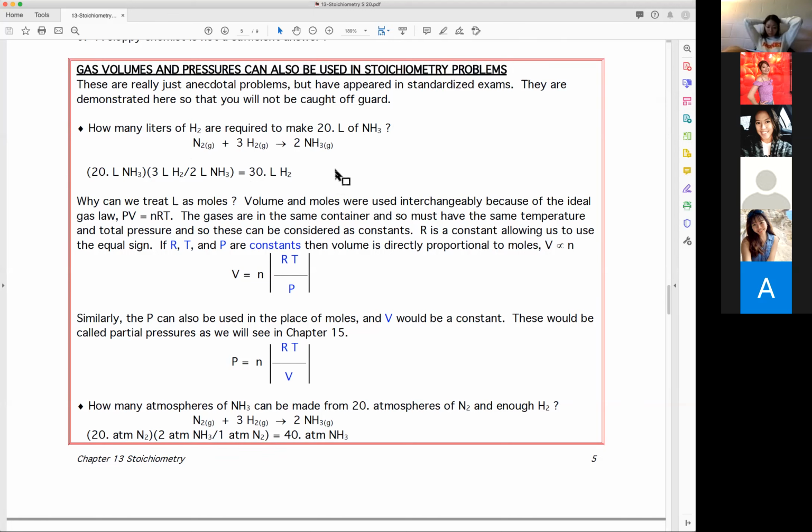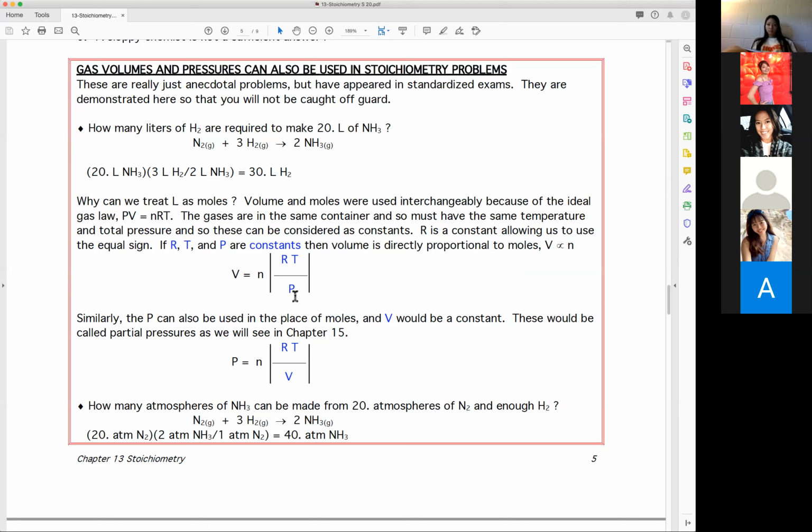But why is it we can treat liters just like we did moles? Well, you have to understand the gas laws. The gas law is PV equals nRT, and we're going to have a whole chapter on this. So what I did is I solved for the volume algebraically. If the nitrogen, hydrogen, and ammonia are all in the same container, that means they're at the same temperature and the same pressure.